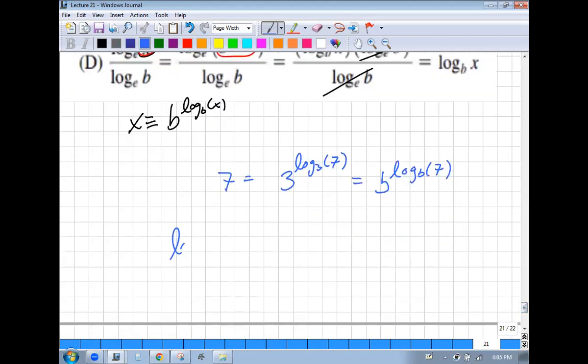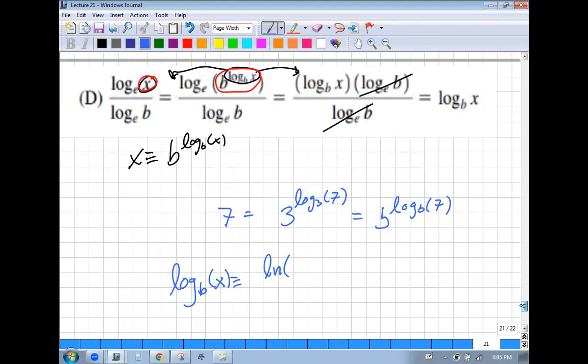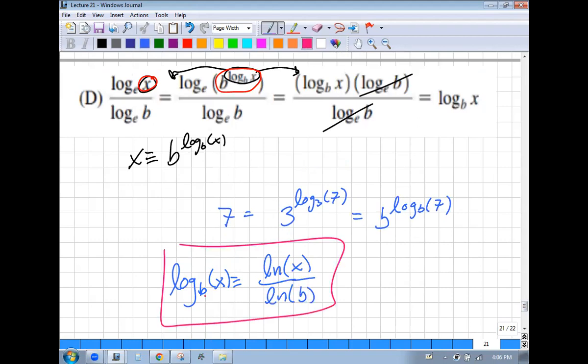So log base b of x is natural log, or whatever log base you want, I always use natural log, of x over natural log of b. This is your change of base formula. Whatever number you have here, if it's not something your calculator can handle, you can change it to log base e. You just change it, and then you have to do the natural log of your old base on the bottom. You have to divide that out.